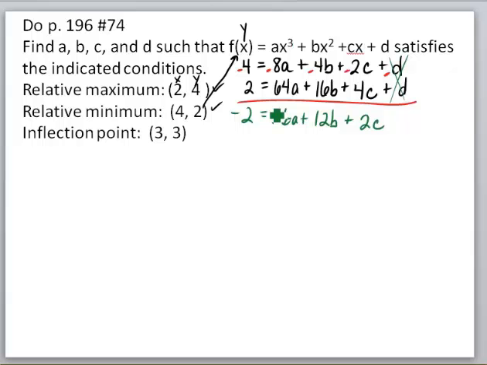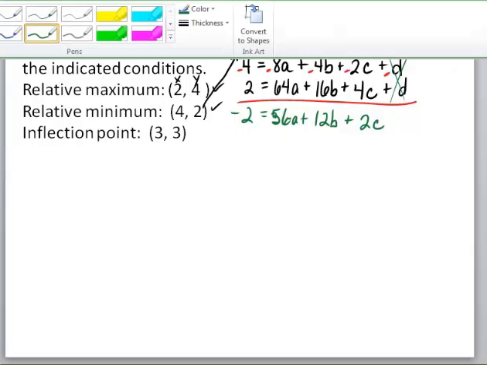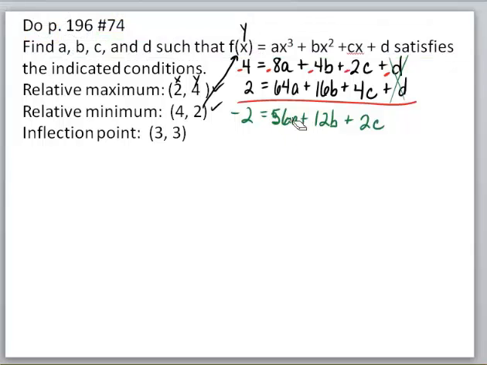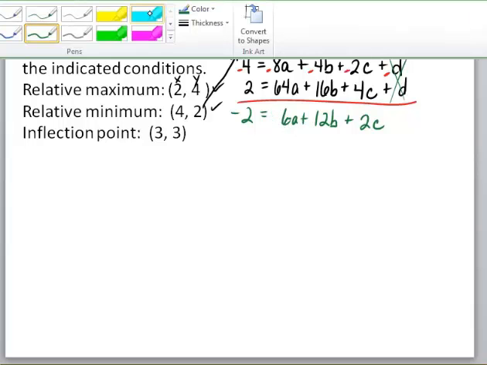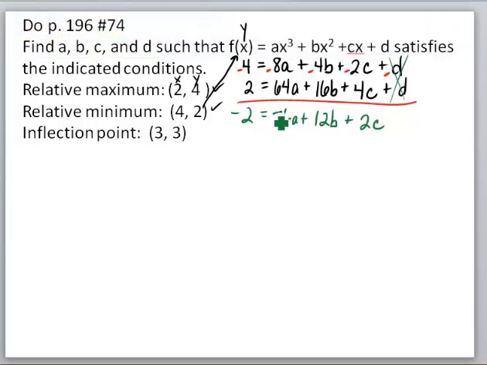Now, in order to come up with another 3-variable function, what we'll want to do is use some of this other information that's there. One of the pieces of information that I could use is about the first derivative, and that would include some of this information about relative max or mins.